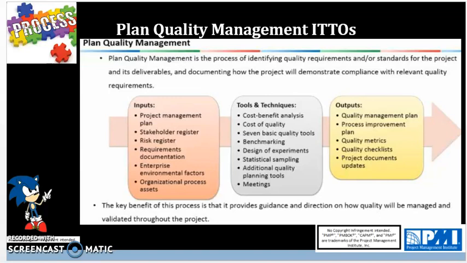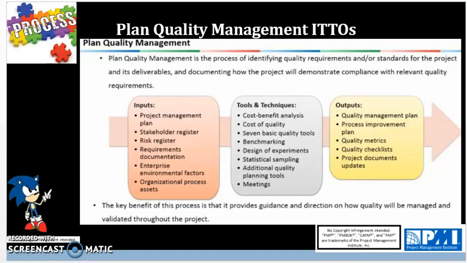Otherwise, the reputation of the company will be at stake. An example of this would be where Volkswagen recently failed to live up to its expectations of quality due to the diesel emission standards scandal and lost a large customer base by cheating emission inspectors. So there is no way that you can cut through the government regulations as part of enterprise environmental factors. You must live by the rules.